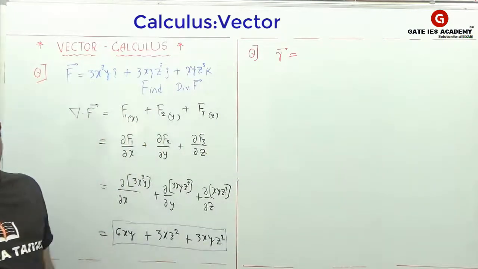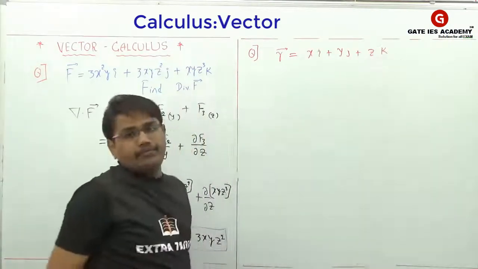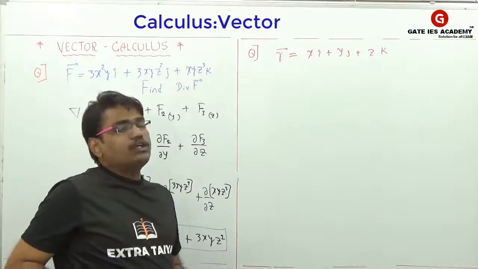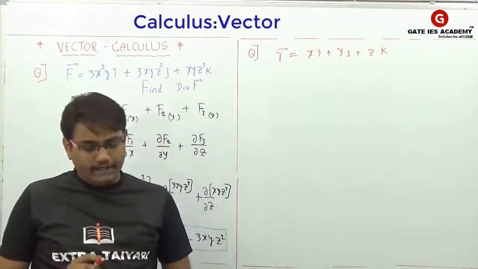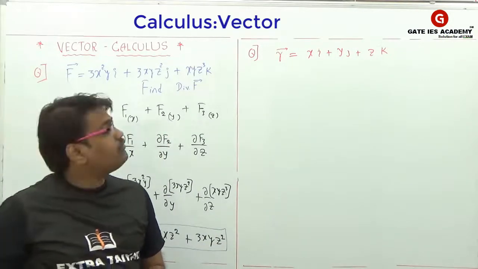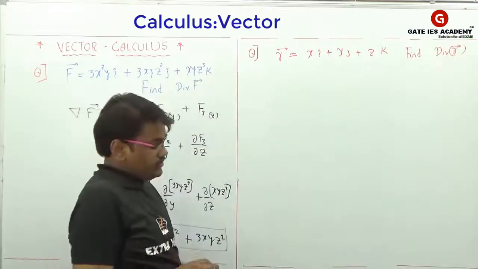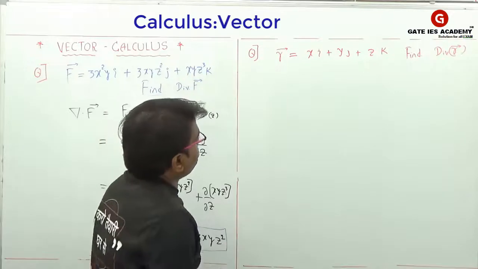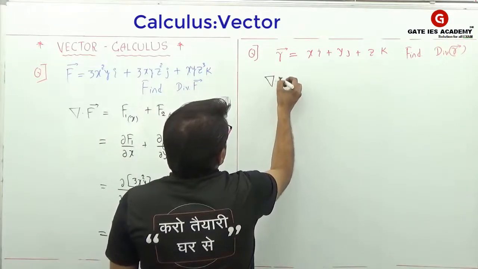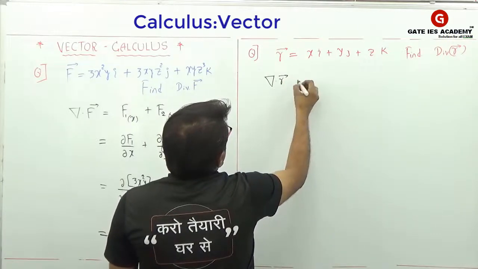R bar equals xi plus yj plus zk. Here R bar is known as the position vector. We will see what a position vector is later. Now what you need to do? Find the divergence of R bar. Divergence is nothing but the dot product.